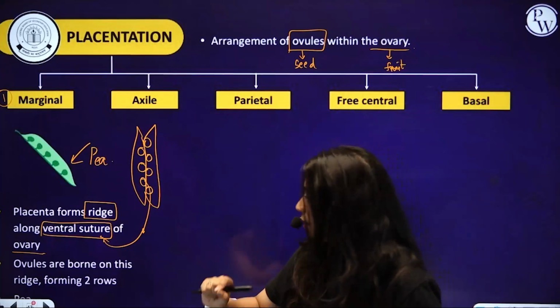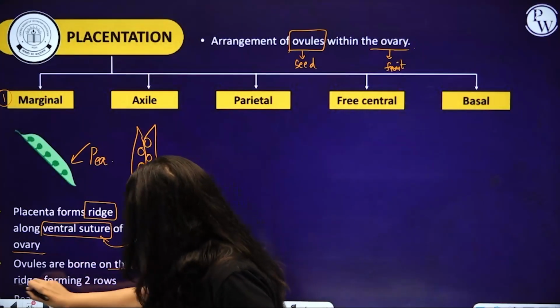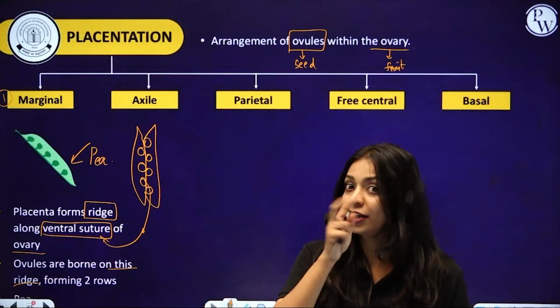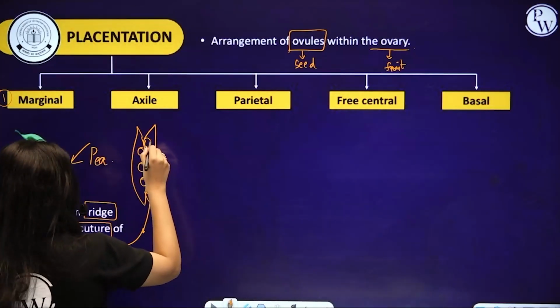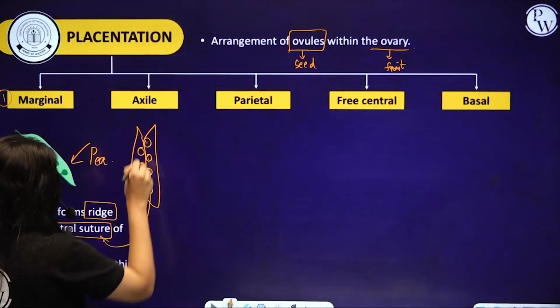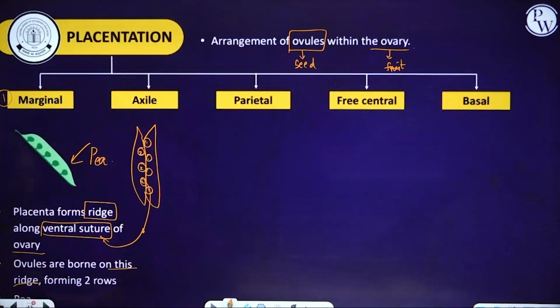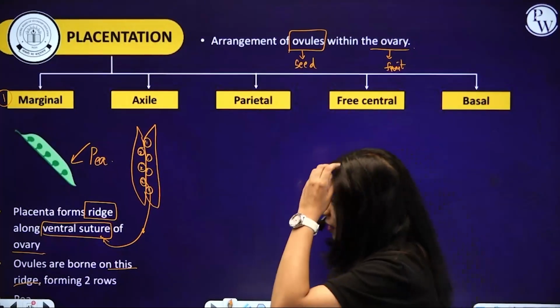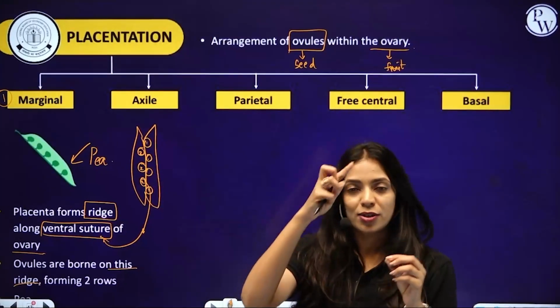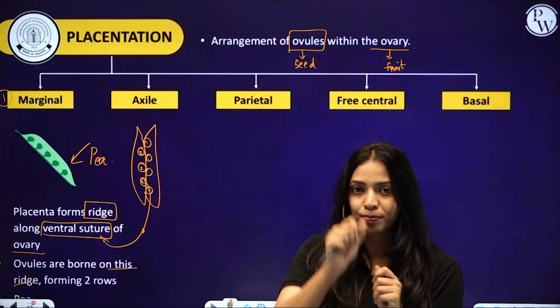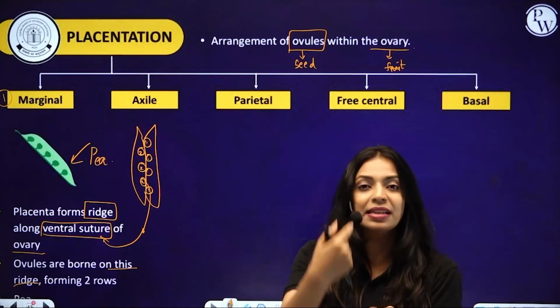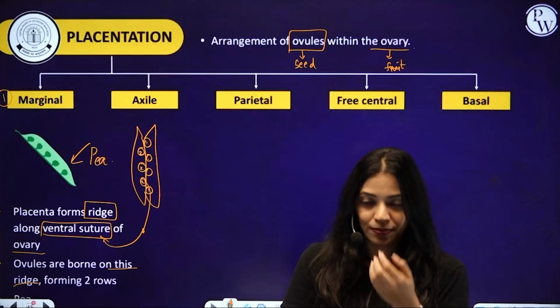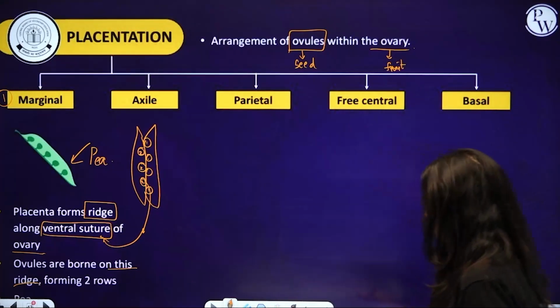That is the placenta. And the ovules are borne on that elevation or ridge in two rows. Okay, so as you can see, this is one row of seeds or ovules. This is the other row. So they are borne in two rows. Example for that is pea plant. This type of placentation is called marginal placentation, because what is a margin? Those edges, right? If you slit it open, you can see that the seeds are arranged at one edge only. Okay, so that's why it's called marginal placentation.